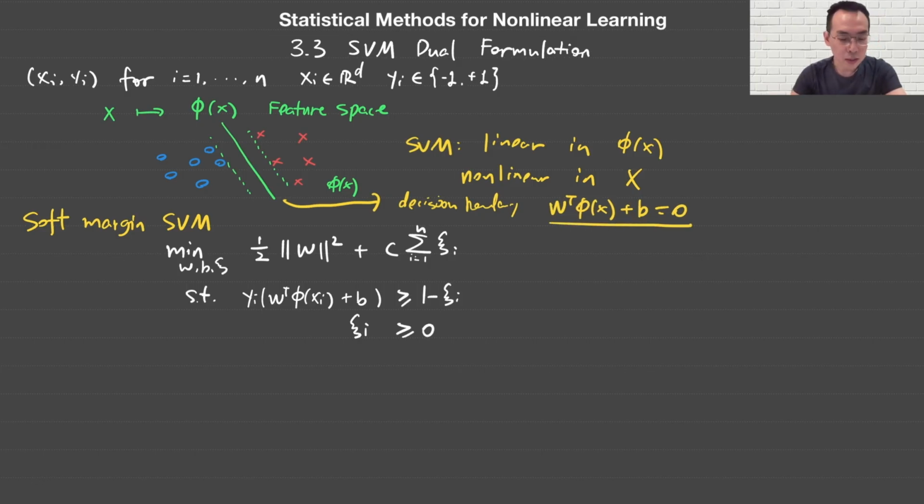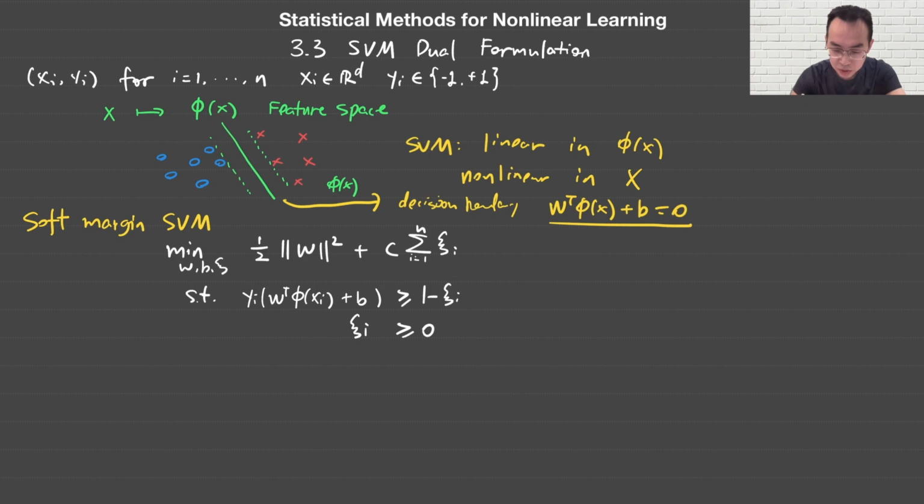Then last time we also formulated the optimization problem for the SVM. We started with the hinge loss and drew the parallel to logistic regression to write down the optimization problem. Then we rewrote the problem into a constraint form. This is a version of the soft margin SVM.